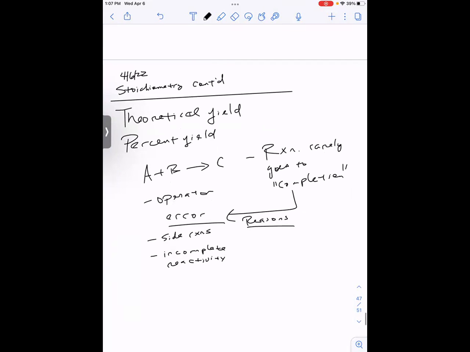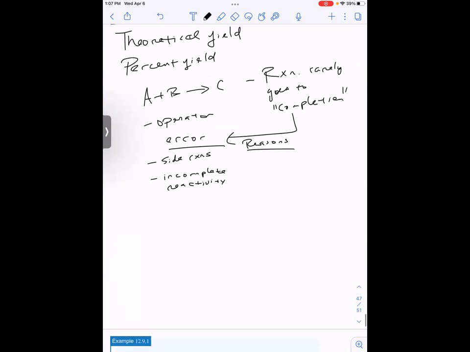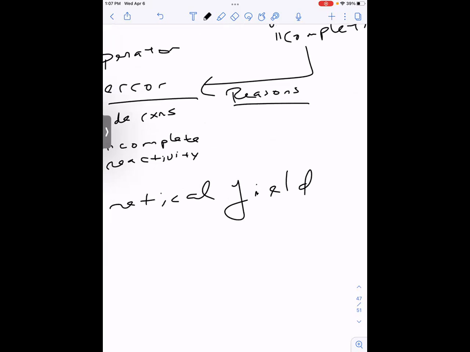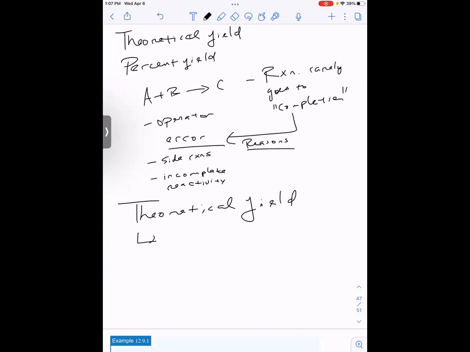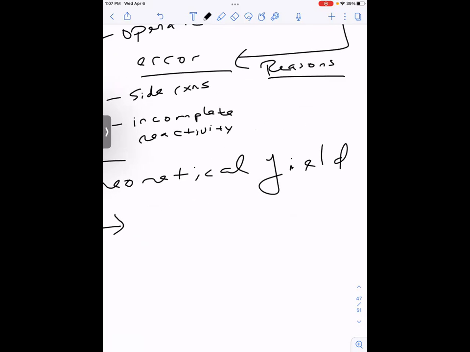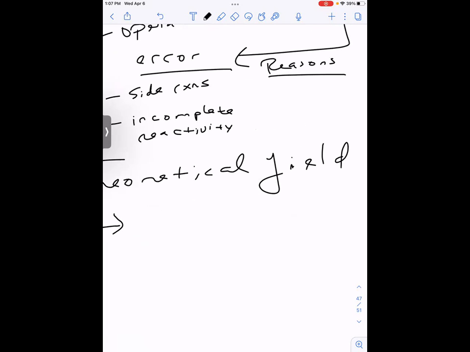Now, what we do know about reactions is that there is what we call the theoretical yield. With the theoretical yield, this is the amount of product that is expected based on the limiting reactant.